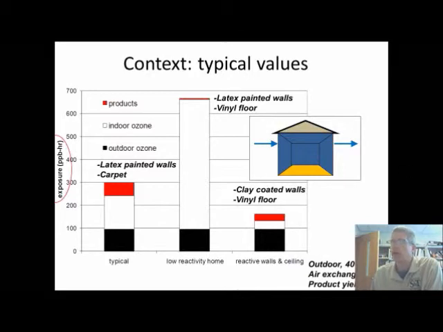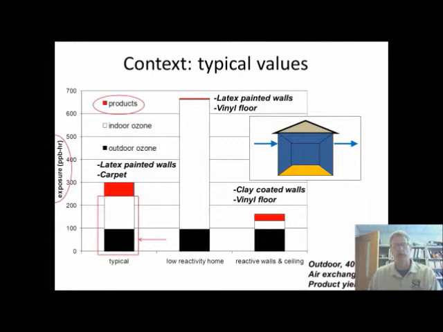This red indicates products that are reaction products of ozone with surfaces. You can kind of ignore that for now. The main thing to look at are the white and black bars. They represent your overall exposure. The black bar is the outdoor exposure that you get from being outside. So that never changes.